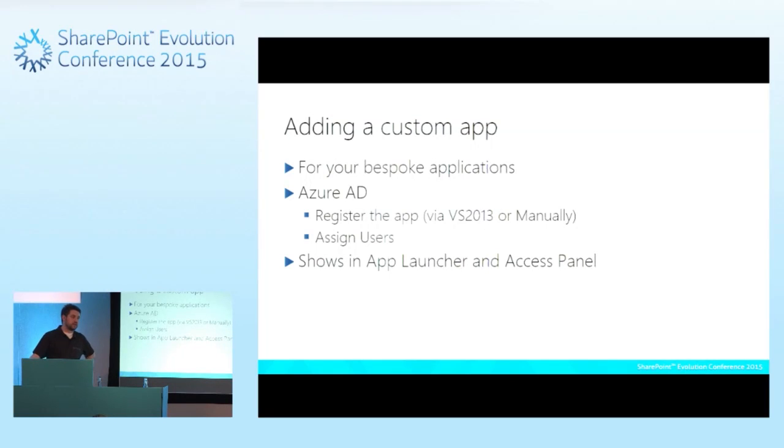Yes, there is. The question was, if you've got an organisation of hundreds to thousands of users, how do you assign those applications to those users? With the standard Office 365 associated Azure AD tenant, or the basic one, you have to do it on a per user basis at the moment. So you'd have to buy Azure Premium to get the group management, which is obviously a cost license increase.